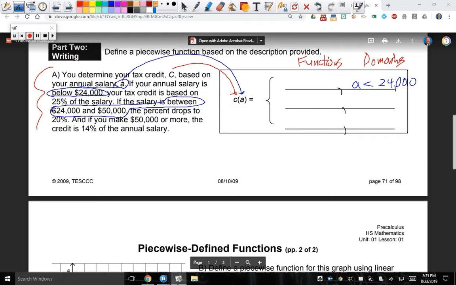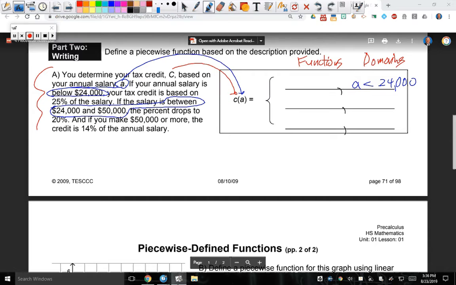So, I'm telling you right now, if you see something that's in between two numbers, the default is don't include them. Do not include them with brackets. If you say between and just between, think of it as parentheses. But if it says between inclusive or including, then you put brackets. You with me? But if it just says between, I want you to think parentheses. They don't touch those numbers.